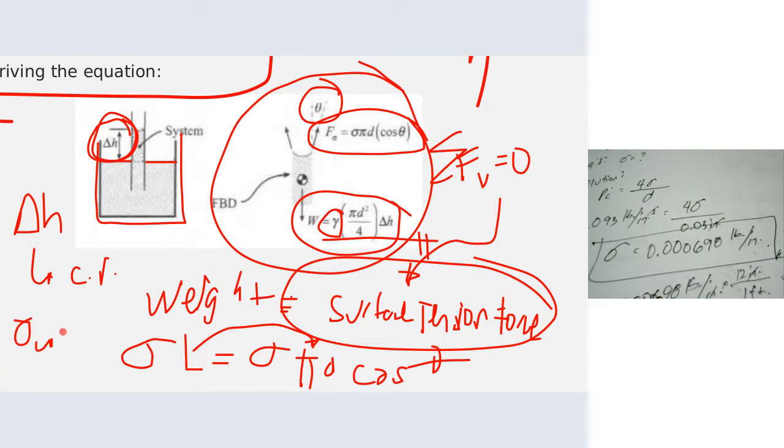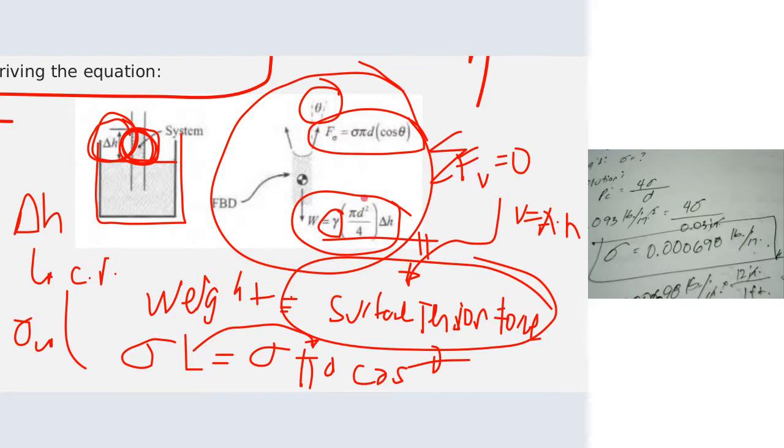So, unit weight ng water times yung volume. Okay? Yung volume nung tubig na to. Okay? So, paano ba makukuha yung volume? We can determine the volume by getting the area and multiply it by the height.